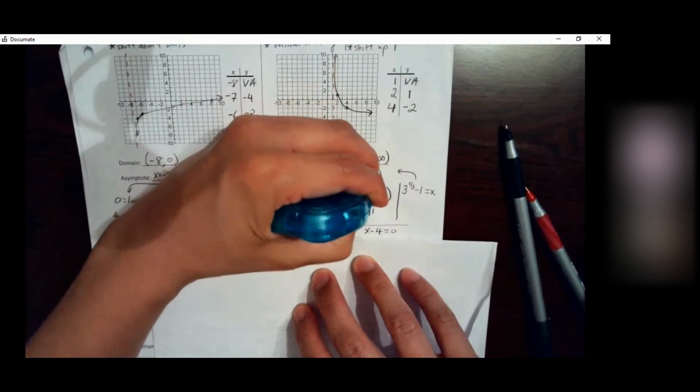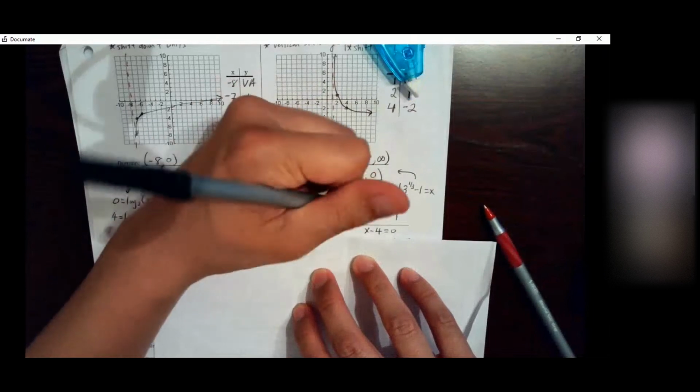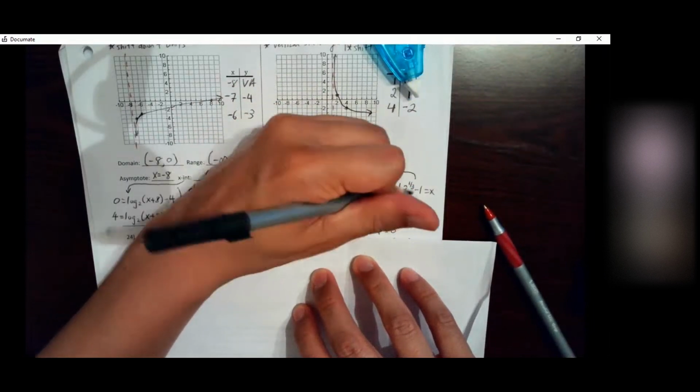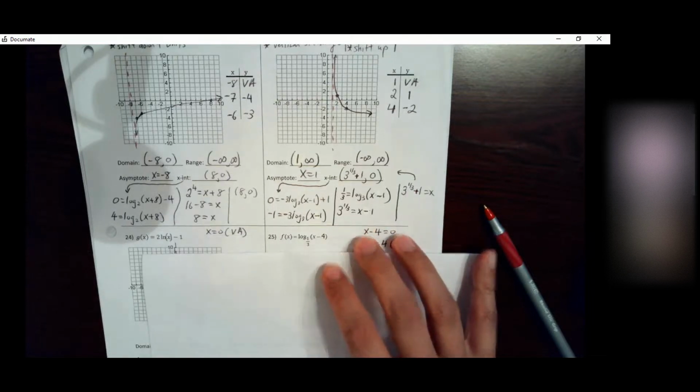Okay, so 3 to the 1/3 plus 1 equals x. Should I simplify it more, or can I leave it like that?